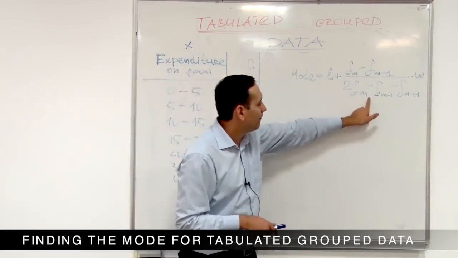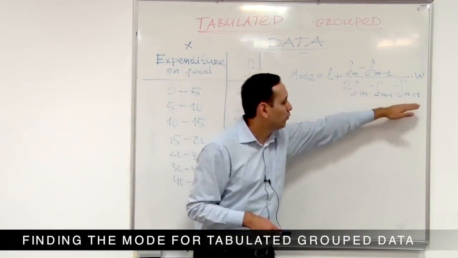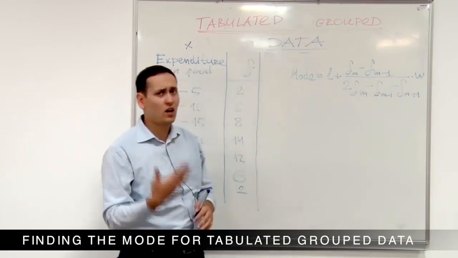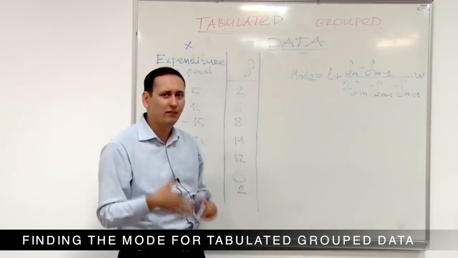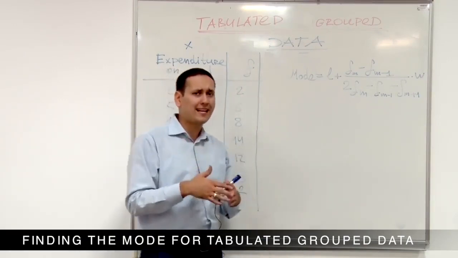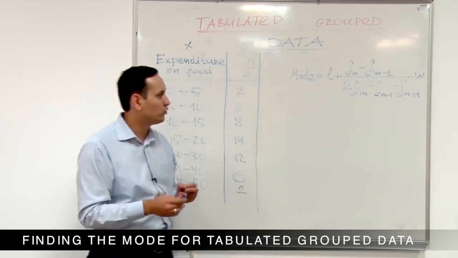And Fm+1 is the frequency of the post-modal group, which means the frequency of the group that is after the modal group.